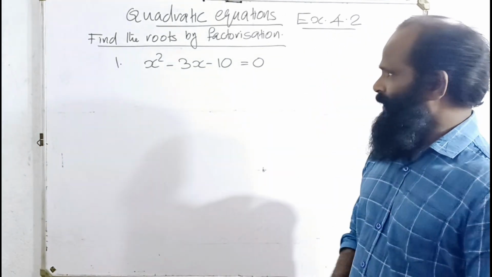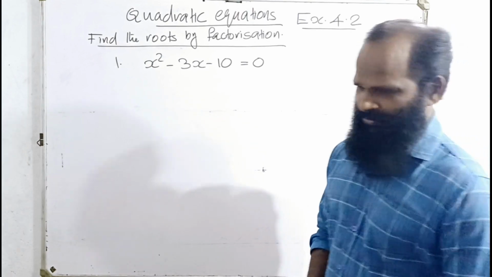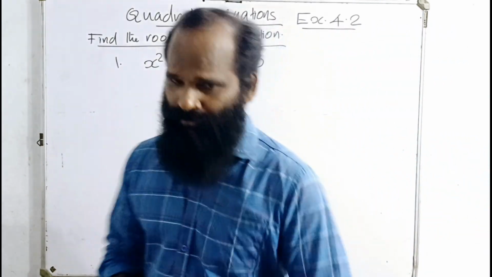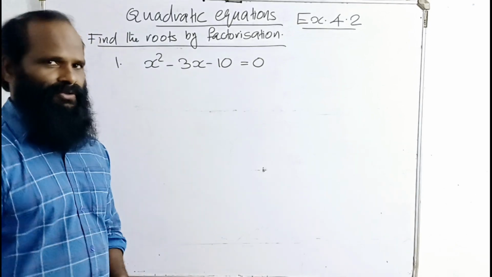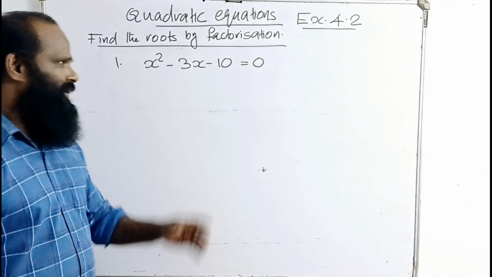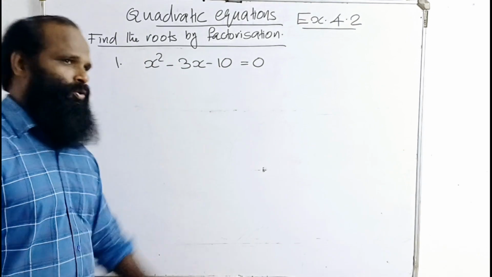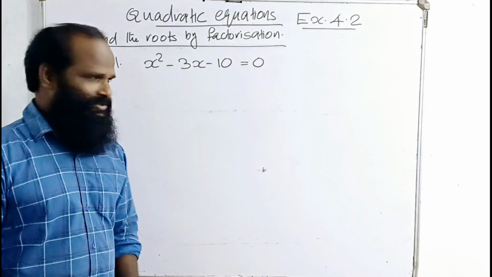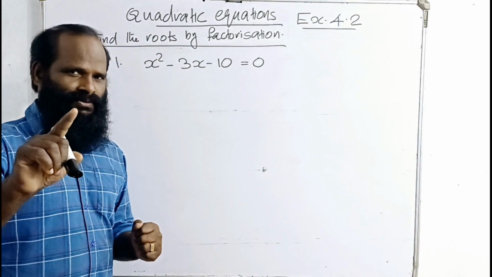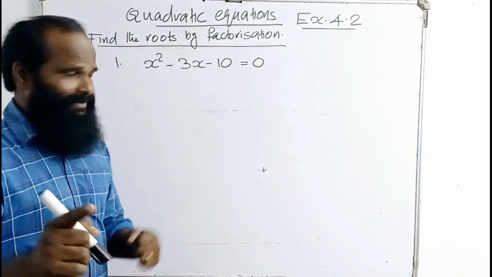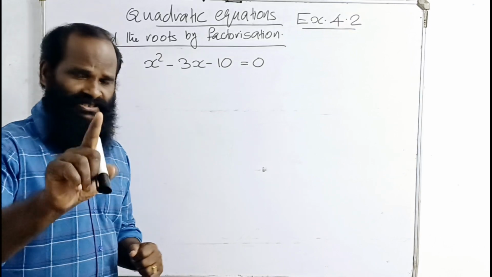Okay, we have x squared minus 3x minus 10 is equal to 0. In the previous videos, I told you, before you start factorization, the first thing to identify is the coefficient of x squared. Coefficient of x squared is 1. If you have identified the coefficient as 1, the first step is over.